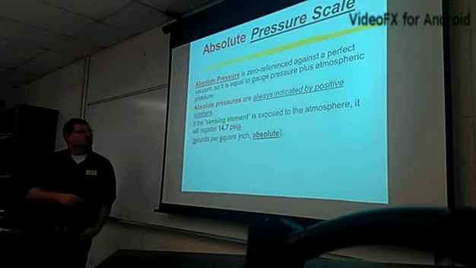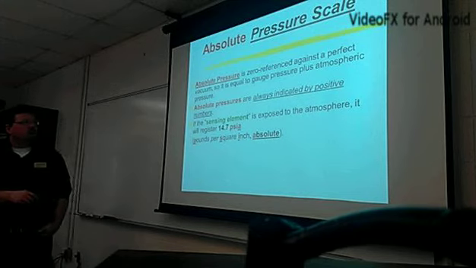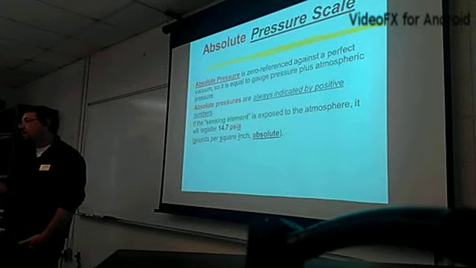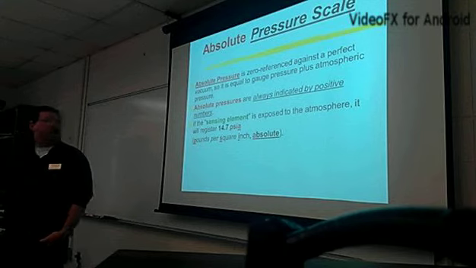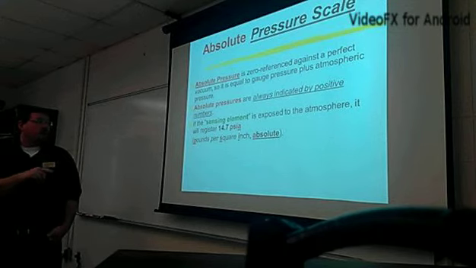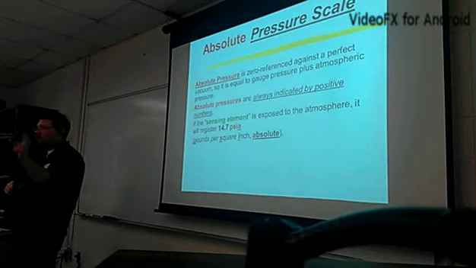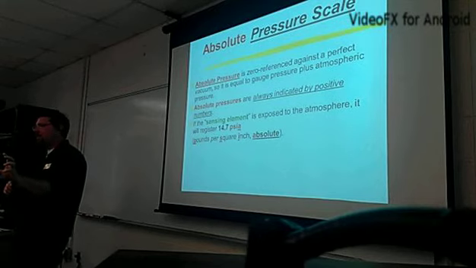Absolute pressure is referenced against a perfect vacuum, which of course is space, or 0 psi. So if I was to take a psi-A gauge and have it right here, it should say 14.7.